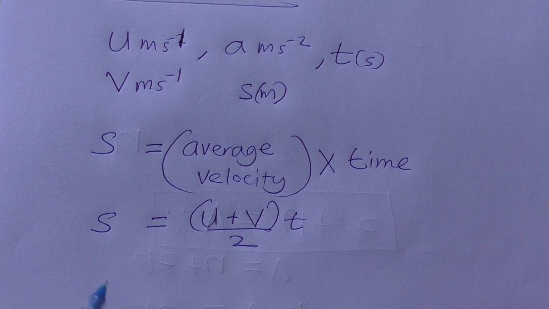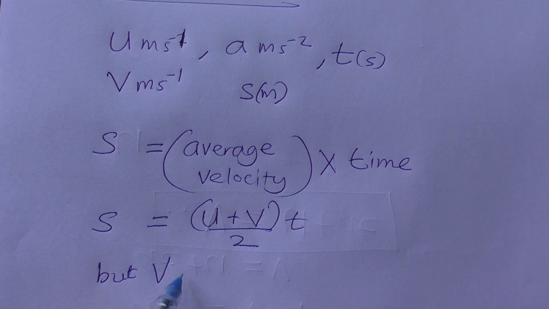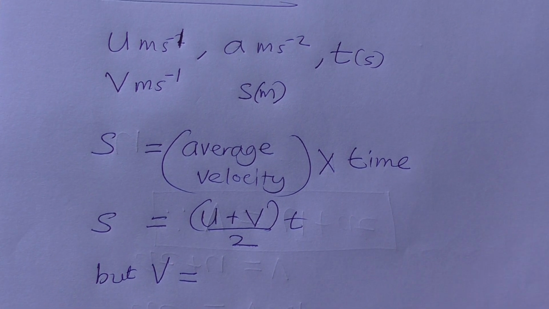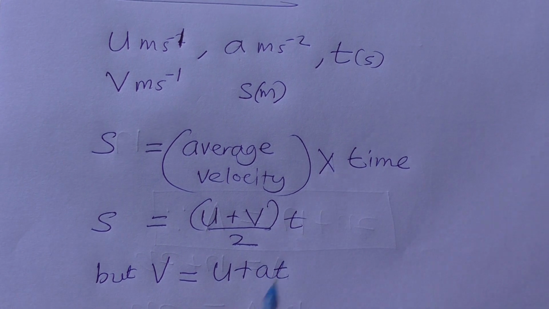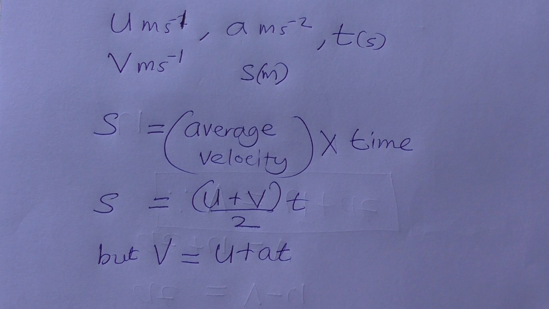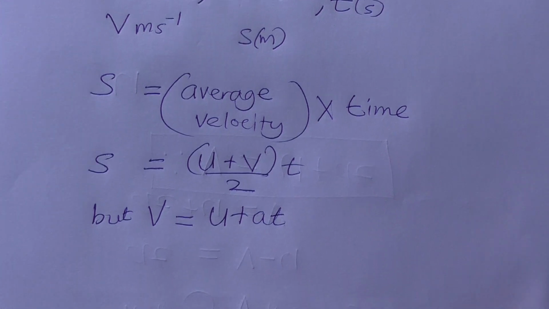However, v is already gotten as u plus at. So we substitute for v, because at that time we may not know the final velocity v.